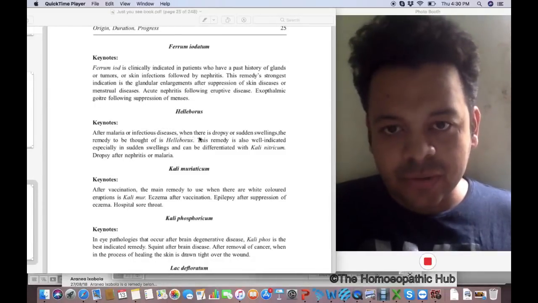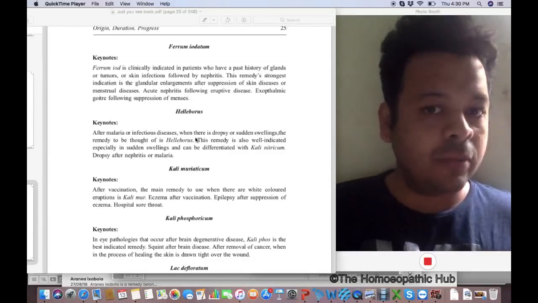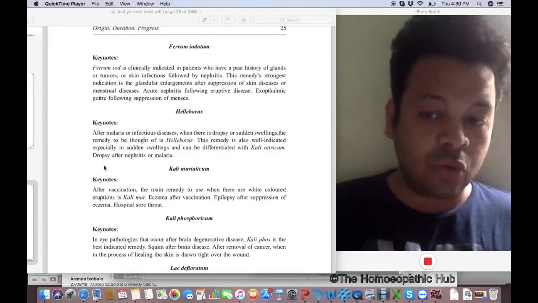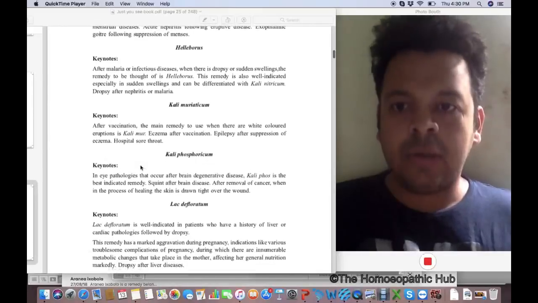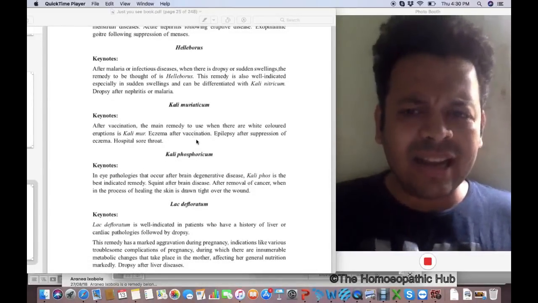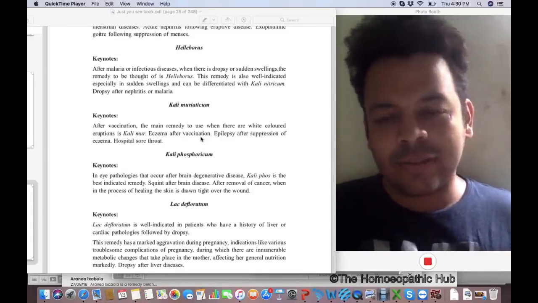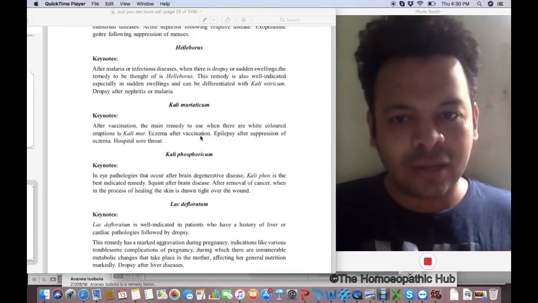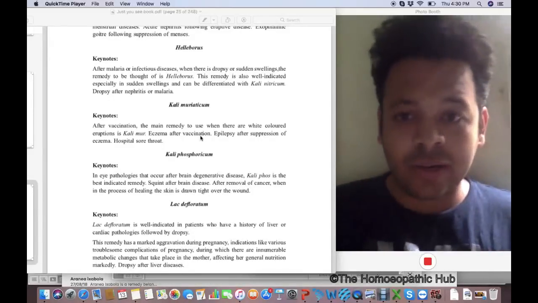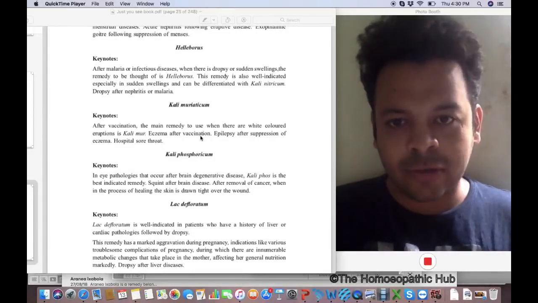After any infection, sudden dropsy. Think about Helleborus. It has to be differentiated from Kali nitricum, which has more dropsy after nephritis. Kali muriaticum, eczema after vaccination. Any kind of vaccination. We say bad effects of vaccination, we think thuja, we think antimony tart, no, silica. Remember Kali muriaticum, one of the very lesser known remedies.